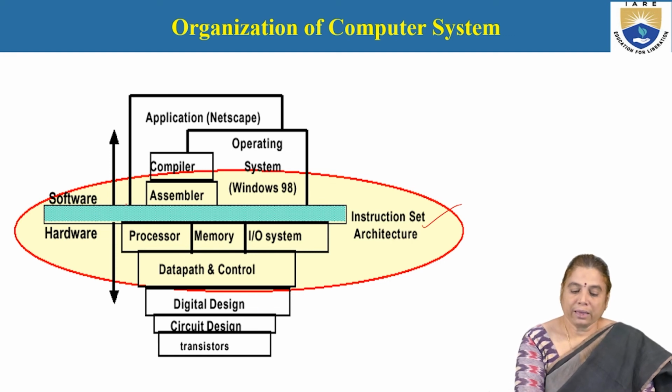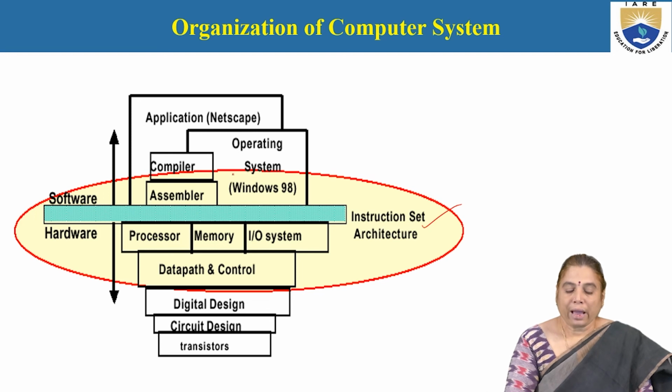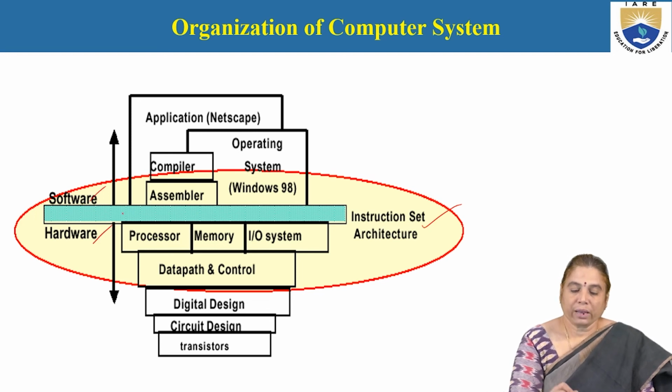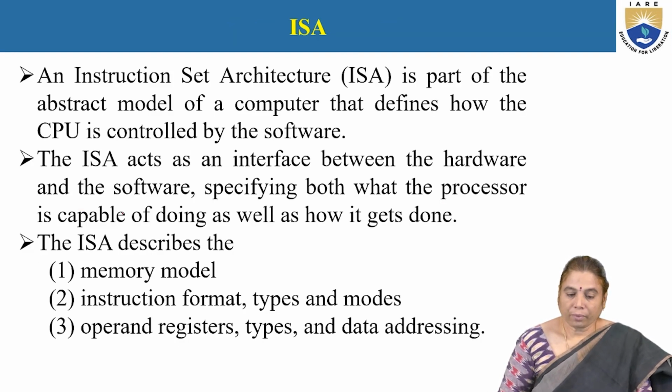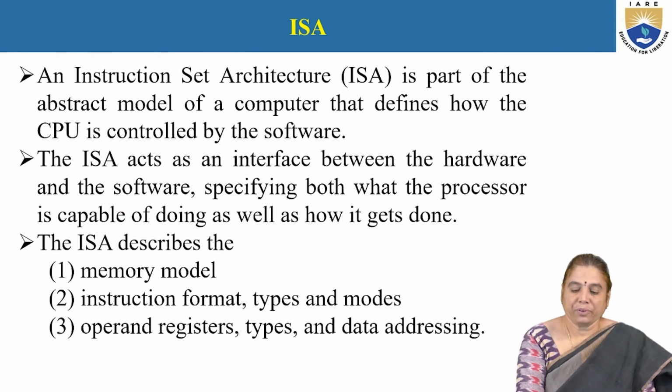So the ISA is placed in between software and hardware to act as an interface between software and hardware. An instruction set architecture is part of the abstract model of the computer that defines how the CPU is controlled by the software. ISA can act as an interface between hardware and software.